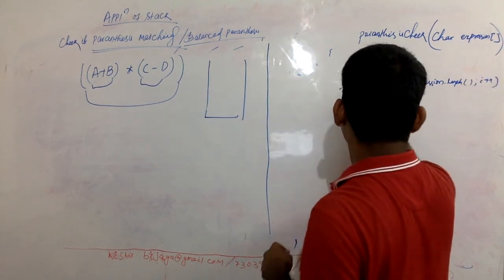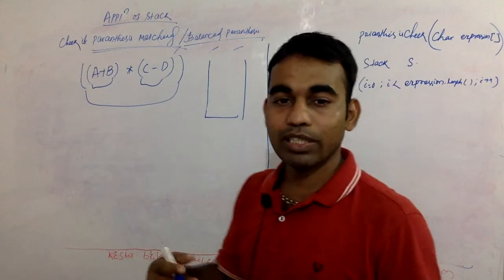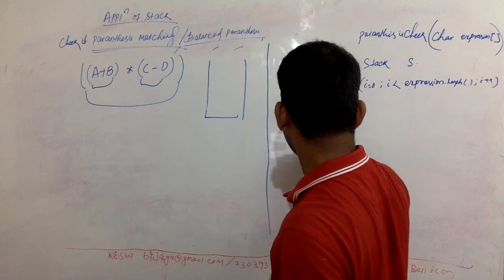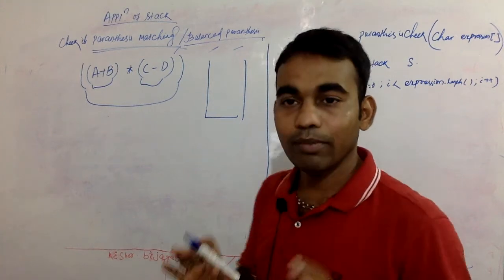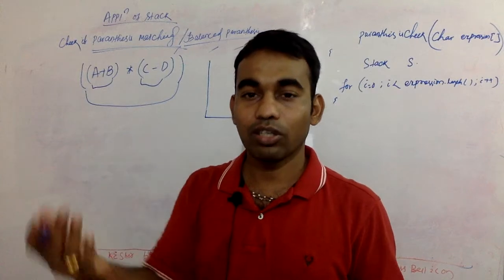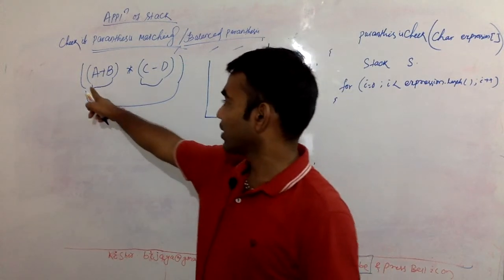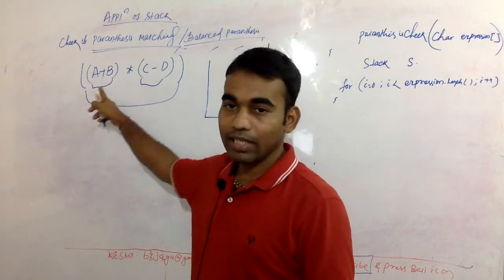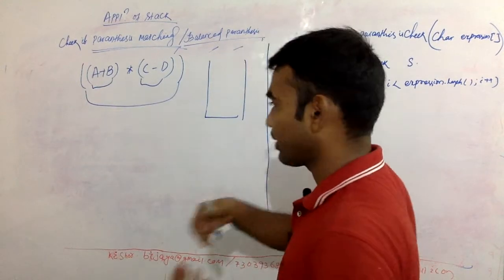Maybe it will be different for different languages, but that's fine. I'm just writing the algorithm. So inside this for loop, you will check if the given character is a left parenthesis or a right parenthesis. If it is a left parenthesis, we need to push it into the stack. If it is a right parenthesis, then we need to pop some element and compare.